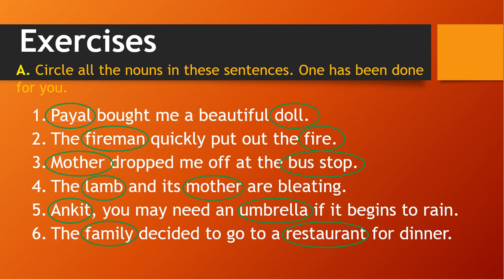So in this exercise we have found 12 nouns: Payal, doll, fireman, fire, mother, bus stop, lamb, mother, Ankit, umbrella, family, restaurant. Some are indicating a person, some a place, some things, or some animals. So all of these are nouns.